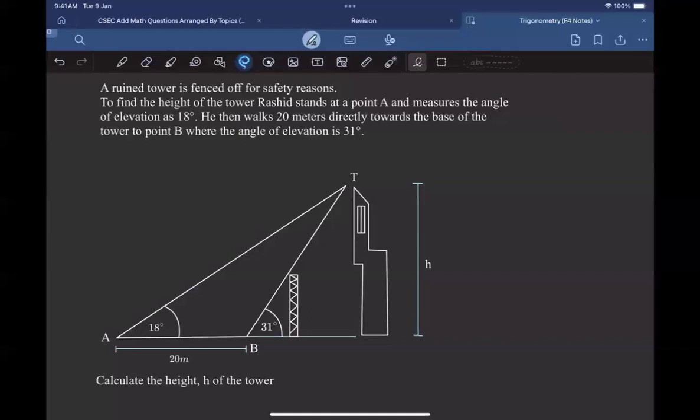He then walks 20 meters directly towards the base of the tower to point B, where the angle of elevation is 31 degrees. And they were able to find the length of what?